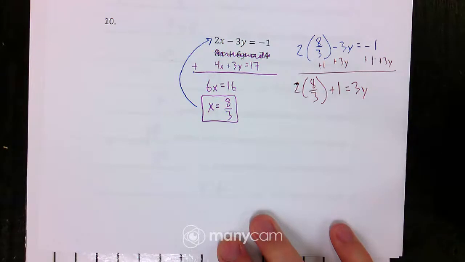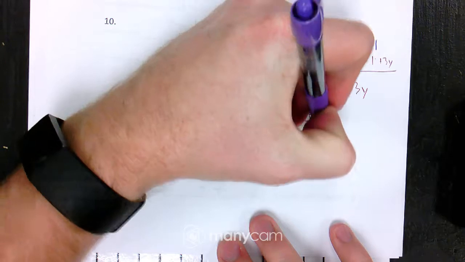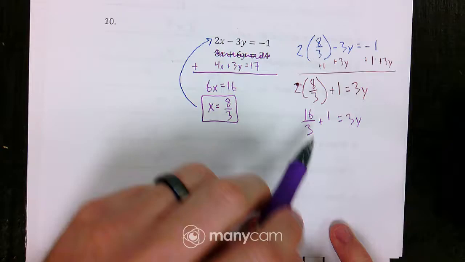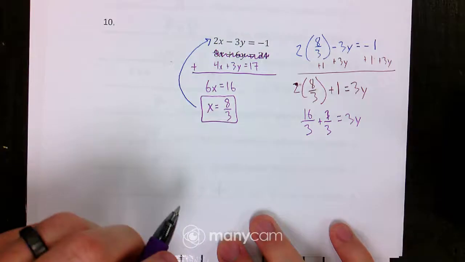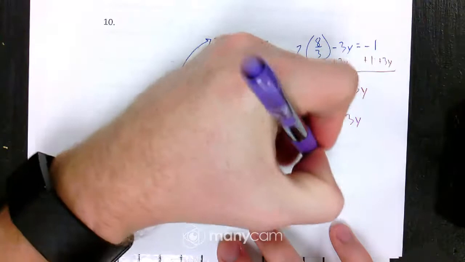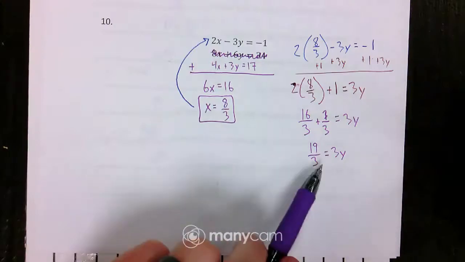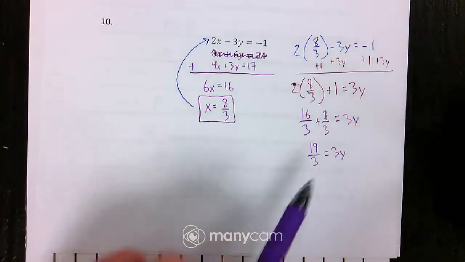That gives me 16 over 3 plus 1 equals 3y. But 1 can be written as 3 over 3, right? So that gives me 19 over 3 equals 3y. Now, normally we would divide by 3, right? But then it becomes harder to see.